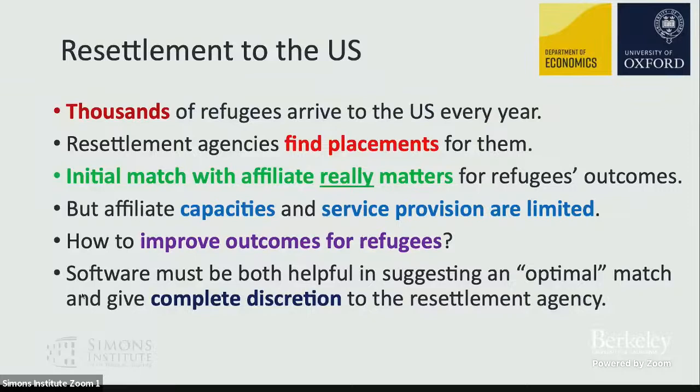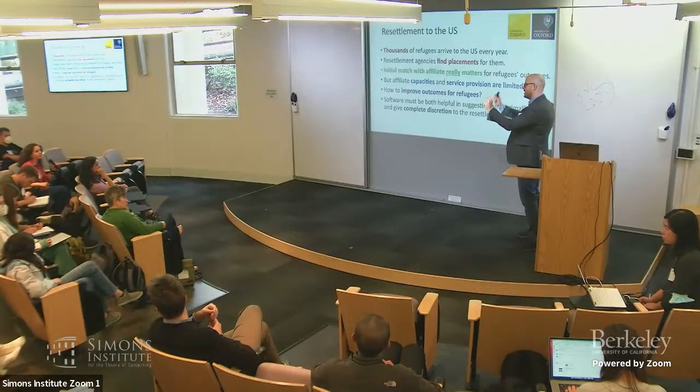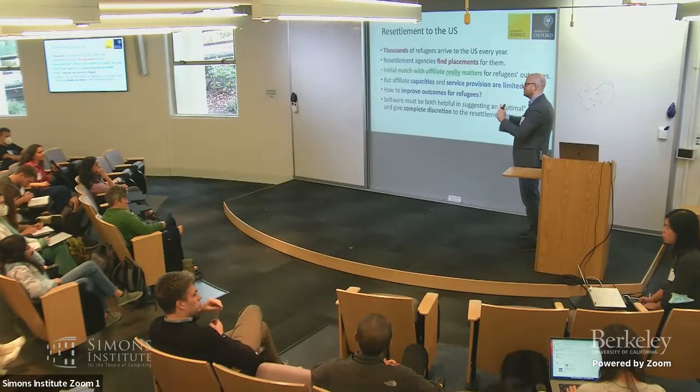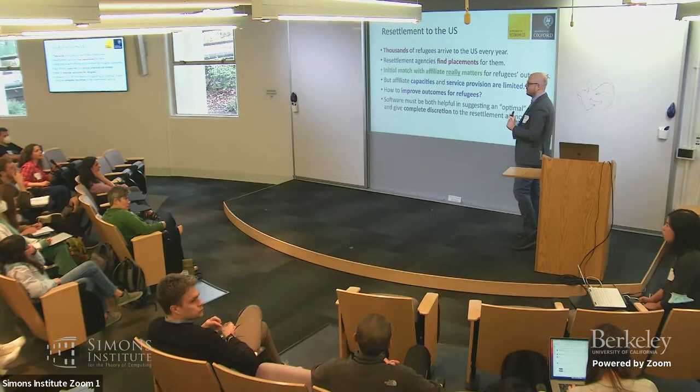One quick question about the capacity, because there are multiple agencies that are resettling. So that capacity, like on a government level, is it for all of them or for each? So it's agency affiliate specific, right? So you might as well just think about a specific agency and their specific affiliate. That affiliate will have the capacity, right?